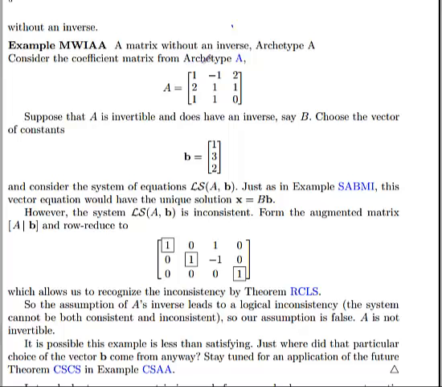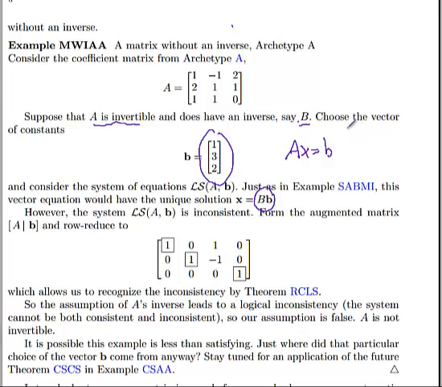All right, so consider this coefficient matrix. Now suppose that A is invertible and had an inverse, say B. Then if I chose this vector of constants, then this inverse matrix B times this constant vector B would be a solution of AX equal B, just like we saw before.